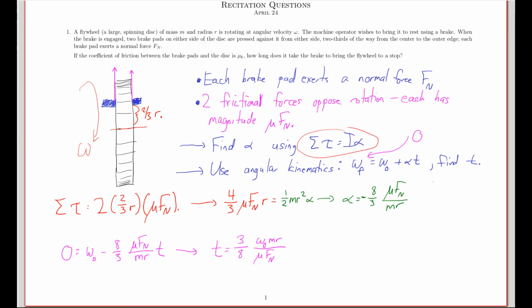Let's look at this value and see if it makes sense. It takes longer if it's more massive, if it's larger in diameter, or if it was spinning faster. And it doesn't take as long if the coefficient of friction is larger, so if the brakes are stickier, or we squeeze the brakes harder. So that makes sense.